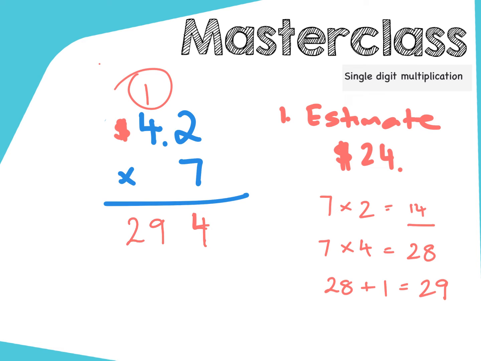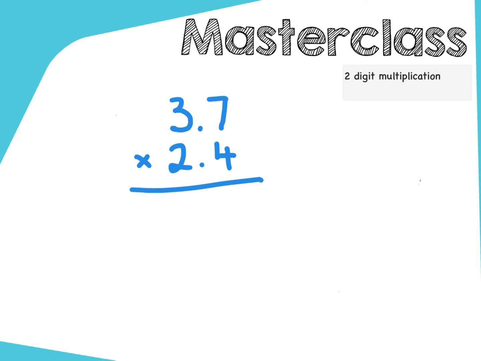Is it $2.94? Again, I go back to my estimate. I'm a little off here because 7 times 2 is 14, so it's quite a big number. But if I look at it, I'm actually looking at $29.04. So yes, I'm a little bit off, but I've got the tens right. That's your answer. All right, let's look at the next one.